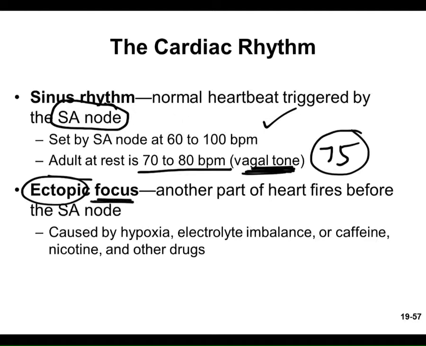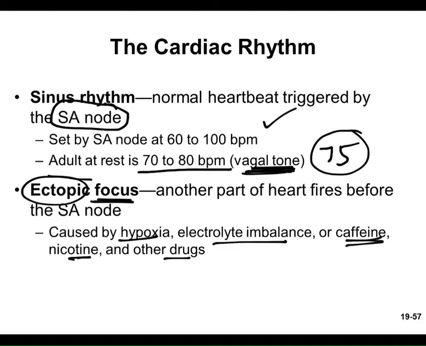This would be if you're not getting enough oxygen, if you've got an electrolyte imbalance, or if you're drinking too much caffeine, nicotine, or other drugs, it can actually cause another part of the heart to fire before the SA node. So you'd have an abnormal rhythm. If you drink some caffeine and hook yourself up to an EKG, you may see some PVCs, premature ventricular contractions, and that's not uncommon at all.